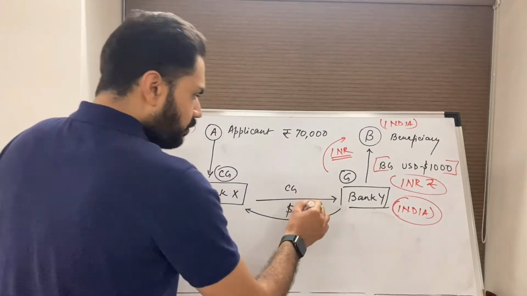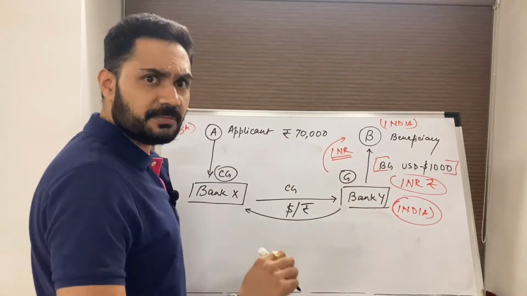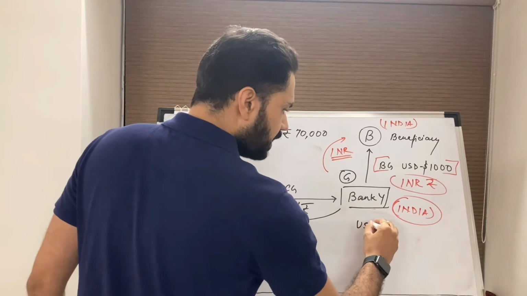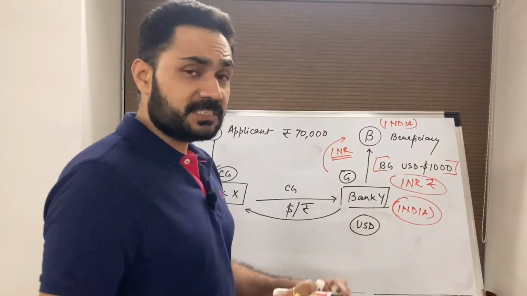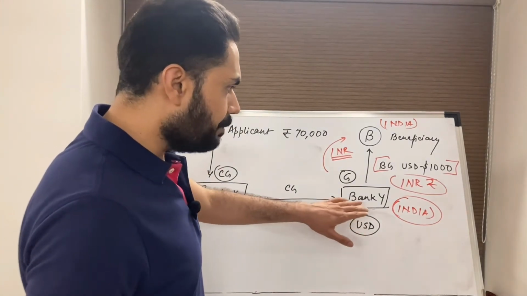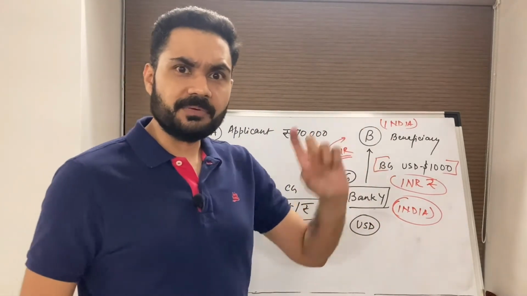Okay, why is this option there? When Bank Y registered the BG in its system, it registered the BG as a USD guarantee. Accordingly, the exchange rate would have been applied, and Bank Y would have reported the guarantee amount in its books to the regulator.